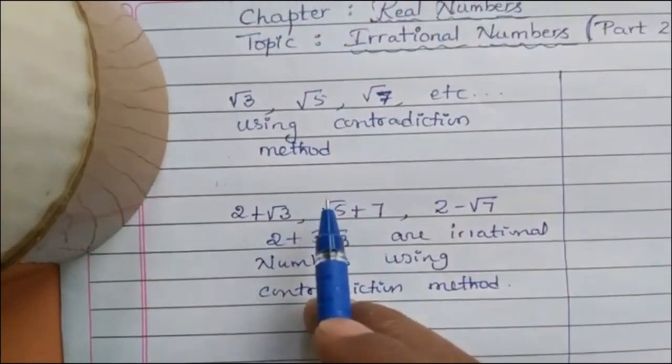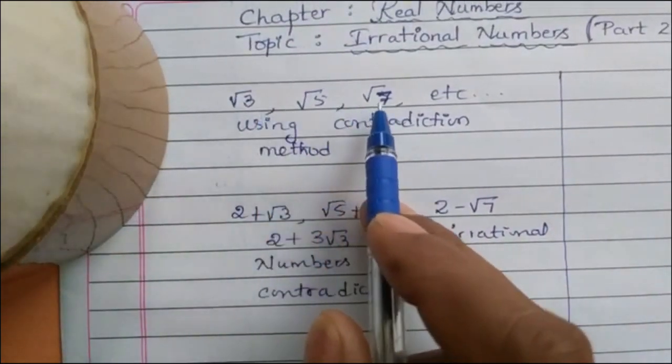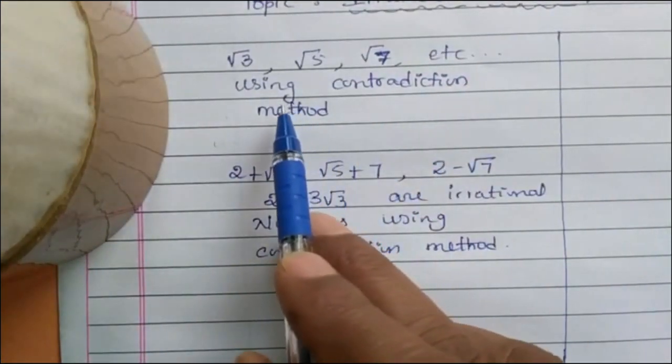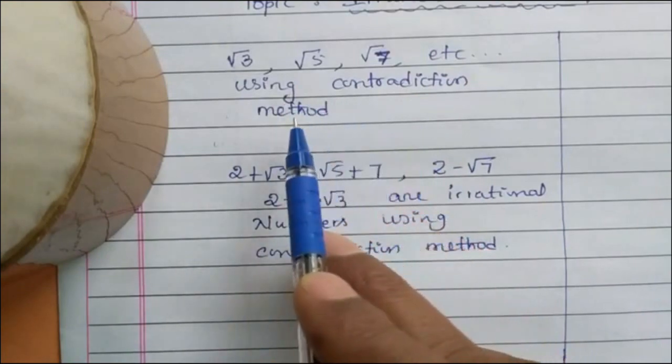As in my last class, I explained root 3, root 5, root 7, etc. using the contradiction method. Usually they don't specify which method should be used.